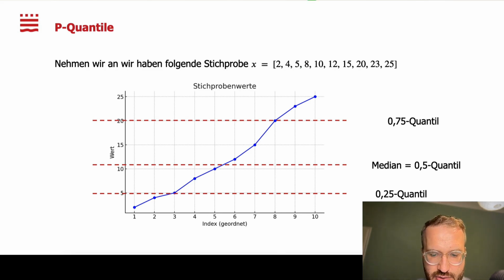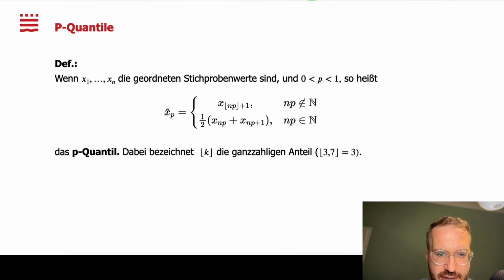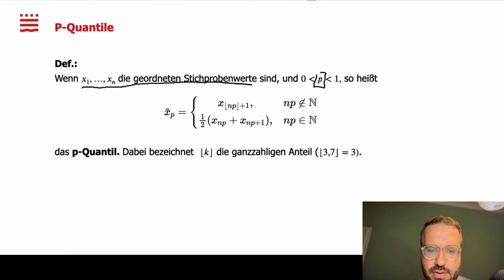So we assume we have our ordered sample, x1 to xn, and we have this value p. Then we can determine the p-quantile as follows. By the way, we write this as x tilde p, and we call it the p-quantile.